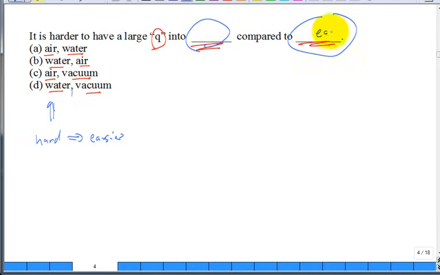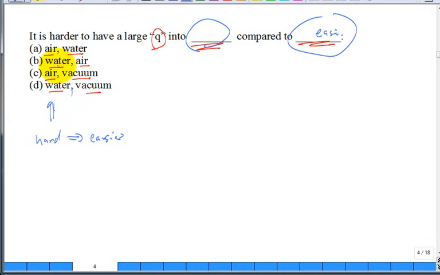So you just say to yourself, is it harder to dump the heat into air compared to water? Is water easier than air? The answer is A. Is it harder to dump heat into water compared to air? Is that true? Then the answer would be B.